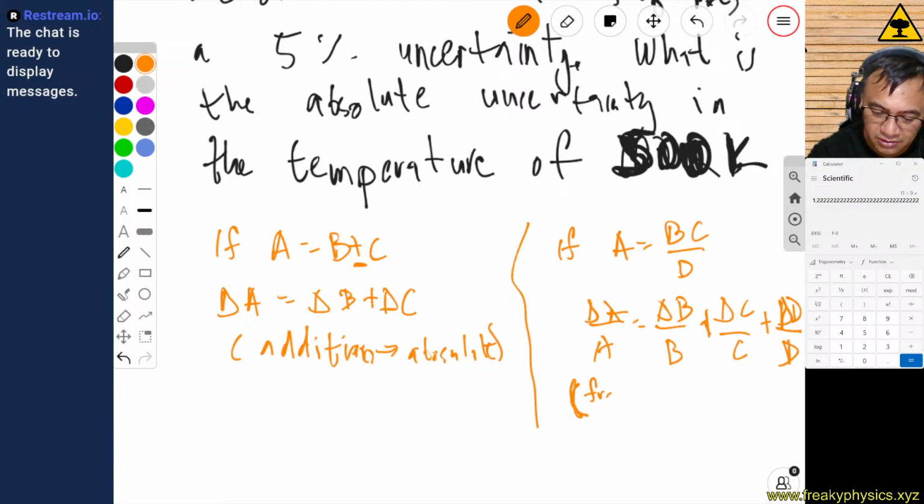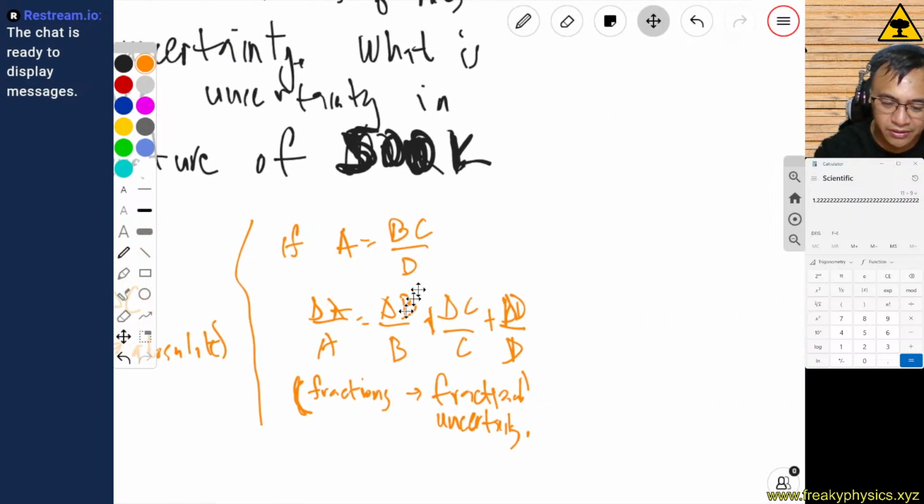So fractions, there's a fraction here, right? Fractions means fractional uncertainty. Okay, the third one is a derivation of the second one, but it's worth noting because it's a shortcut.